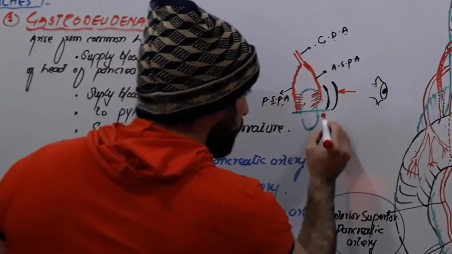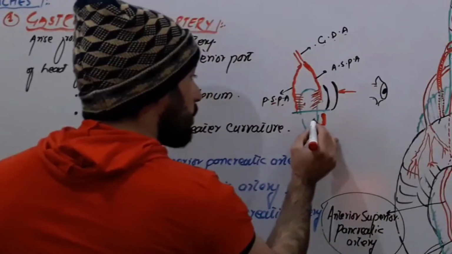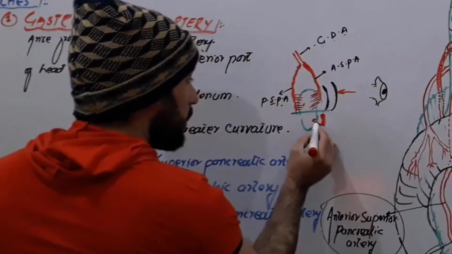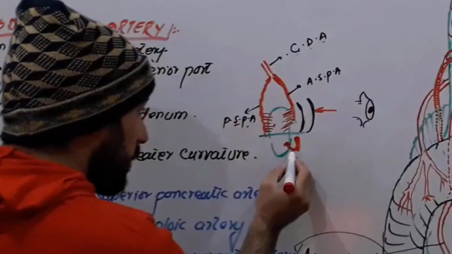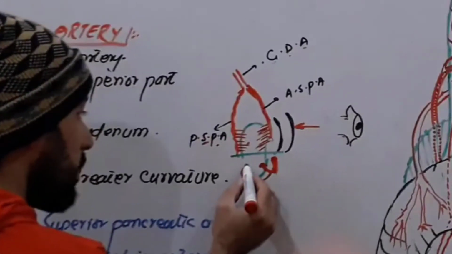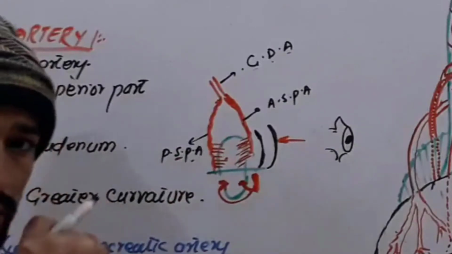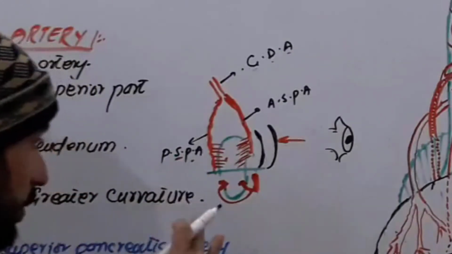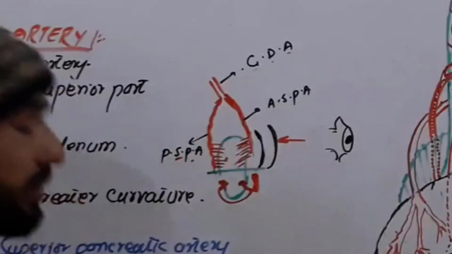From the superior mesenteric artery there are branches, one going to the anterior part, called the anterior pancreatoduodenal artery, and another going to the posterior part, called the posterior pancreatoduodenal artery. Right? Anterior inferior.